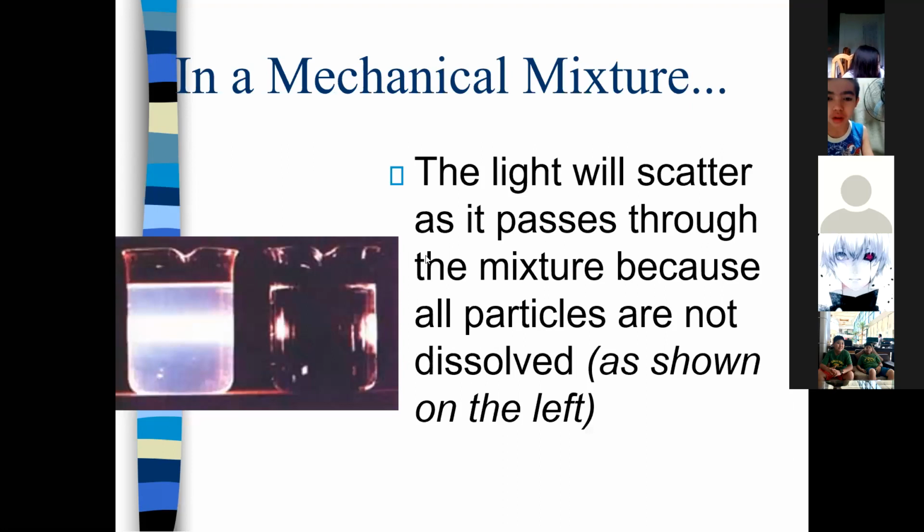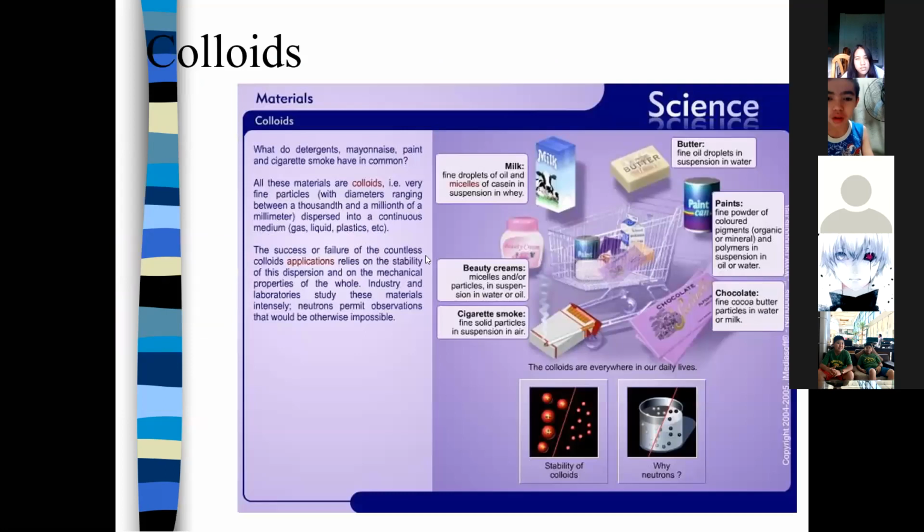So here is what I mentioned about the colloids, class. Colloids are heterogeneous mixtures. They showcase Tyndall effect. Notice the area there. There's an illustration of a Tyndall effect there. The bottom picture. Where is it?